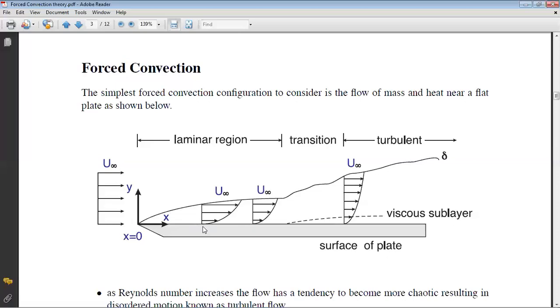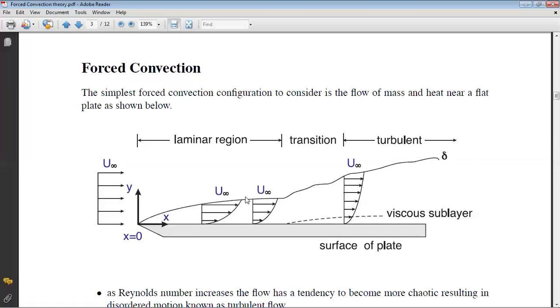Now, if you consider the curve form, it will have a parabolic nature. If you ask the value of hydrodynamic boundary layer thickness at point x equals to, say, 0.1, 0.2, 0.3, the value of hydrodynamic boundary layer thickness goes on increasing with the length of the plate.